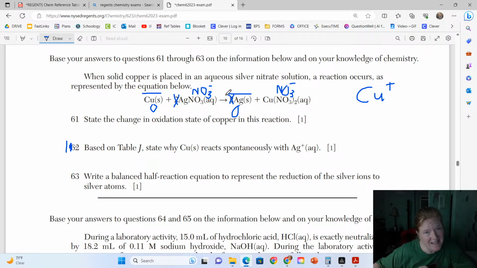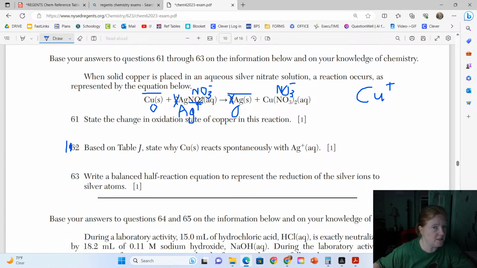I need that to help me figure out the oxidation state of Ag. So NO3 is -1. If I have 1 Ag combined with that NO3, then what is the oxidation state of this Ag? Well, it's going to be Ag plus 1.